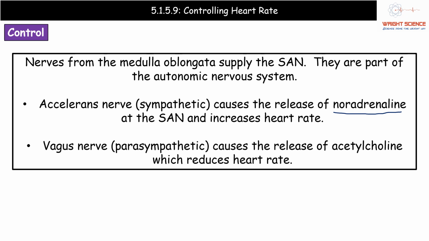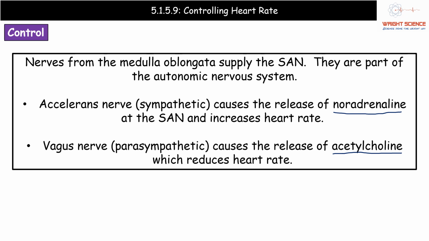If, however, we've used the medulla oblongata and we're then sending those electrical impulses down the parasympathetic system, it's going to be the vagus nerve, and that causes the release of acetylcholine, another neurotransmitter. And the acetylcholine at the sinoatrial node will reduce heart rate.